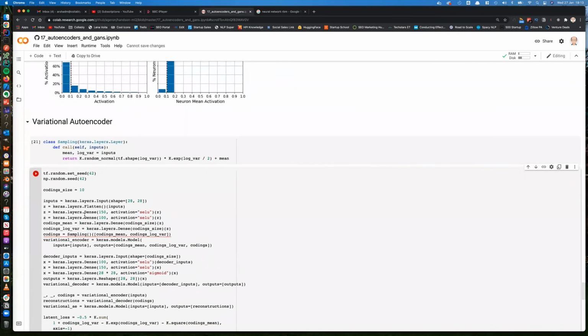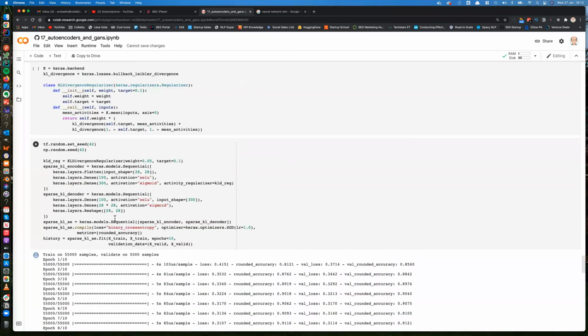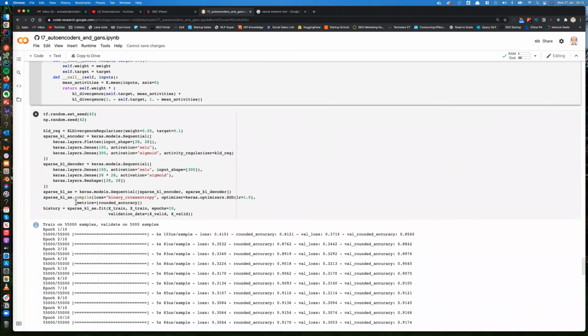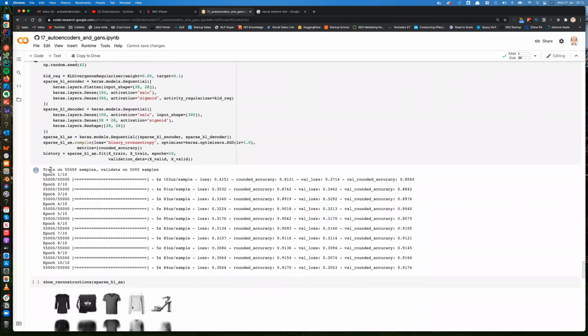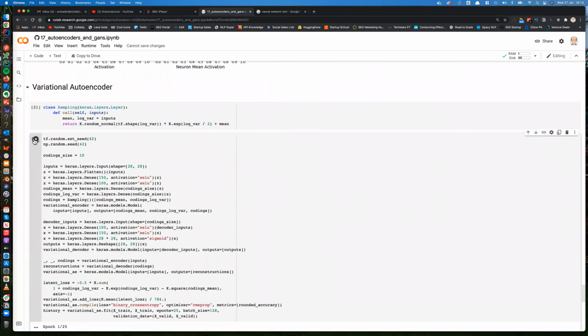Where is K being used? It's probably the Keras backend. Yeah, here it is up there. The divergence is up there as well. Then if we go back here and run this again.